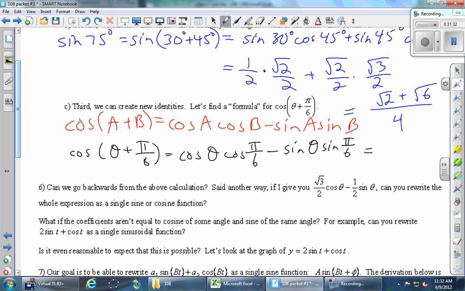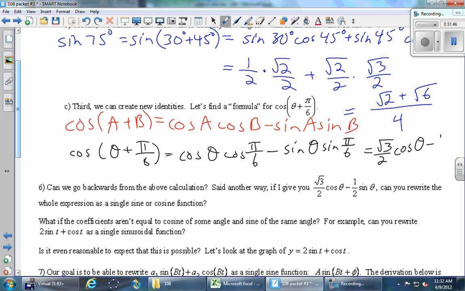Okay, and then it's just a matter of grabbing stuff that's on the unit circle. Cosine of pi over 6 is... sine of pi over 6... Okay, so there's another way to think about cosine of theta plus pi over 6.